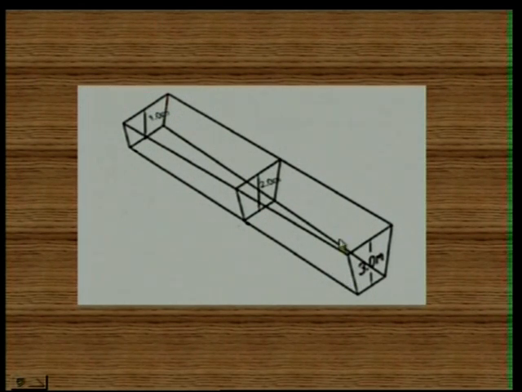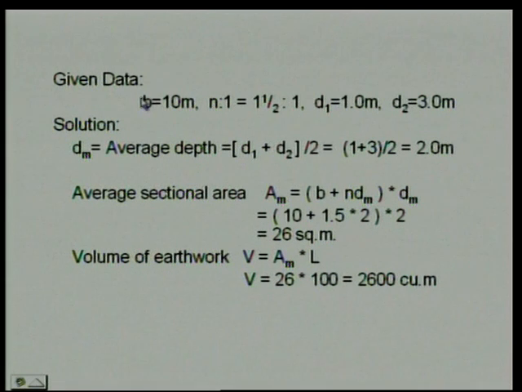This is dm, which is the average depth of the sections, that is, the average of the depth at the first section and the depth at the second section. This is the given data for the problem. Now, how to compute it? The average depth dm is the average of the two depths, D1 and D2, divided by 2. So, we get the average depth in meters.